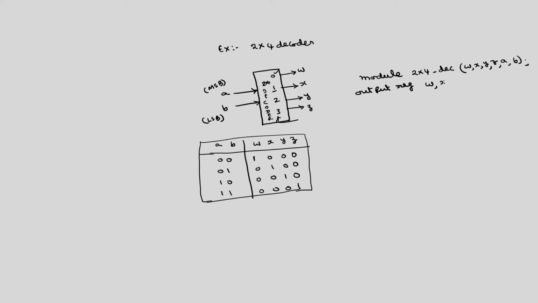So, W, X, Y, Z, input A, B. Here also I will use the case statement because here I have 4 possibilities. Always at either A changes or B changes. Here we are going to use case.